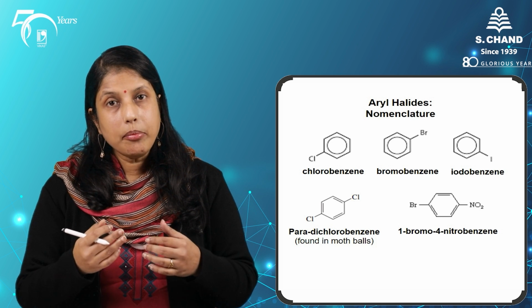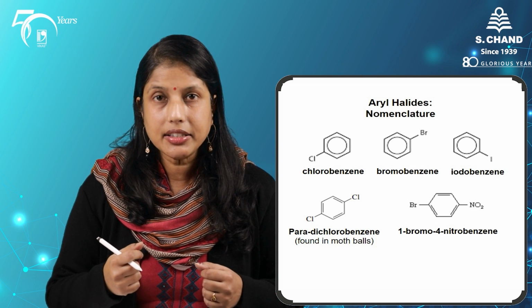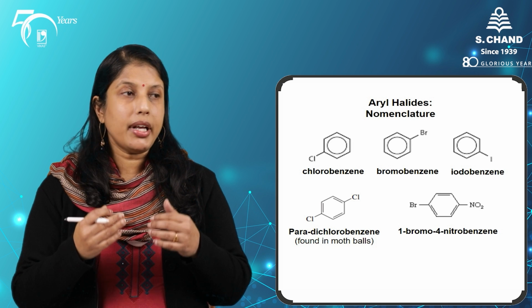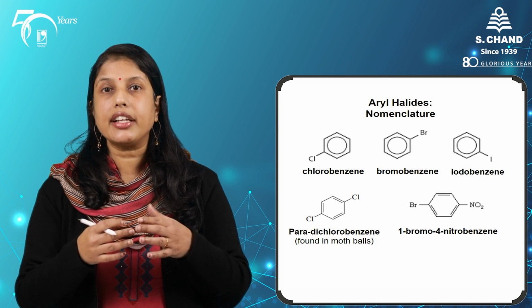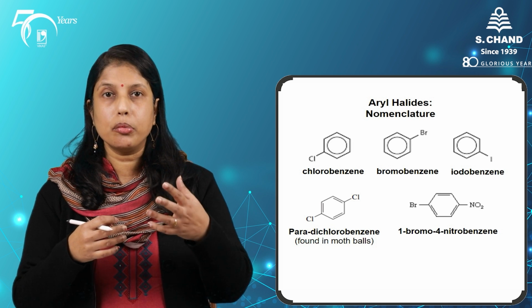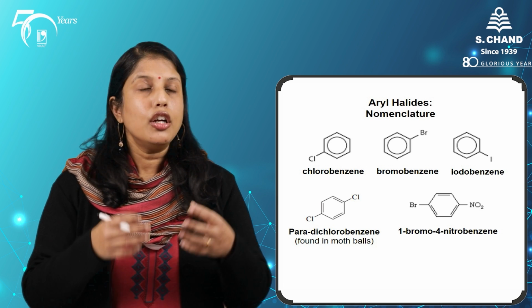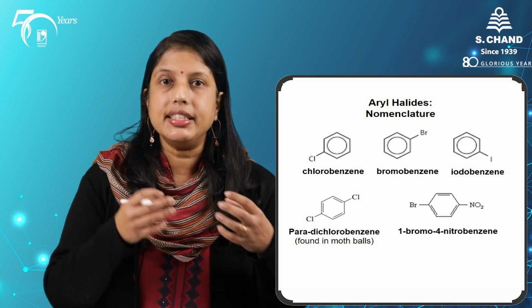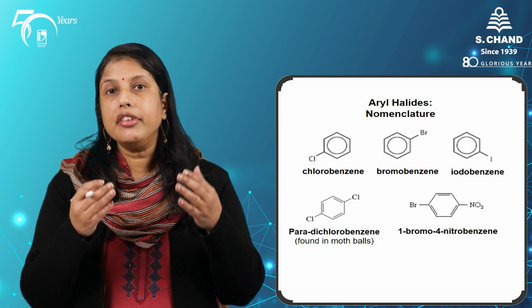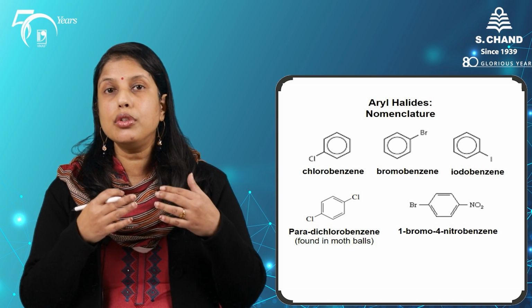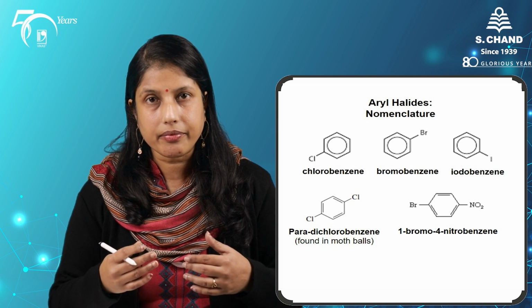How do we name these aryl halides? Well, the common method is we add the prefix fluoro, chloro, bromo or iodo to the name of the benzene framework, and we will use a number to locate its position.